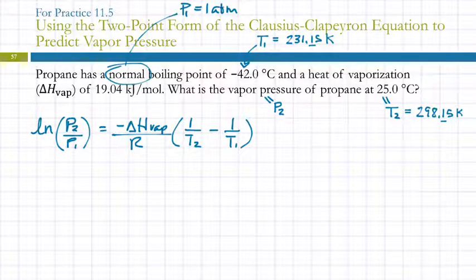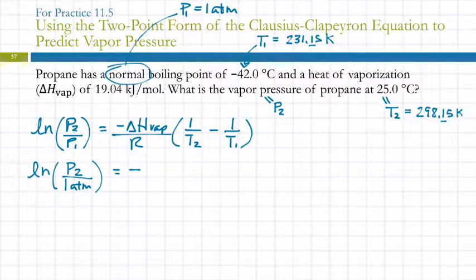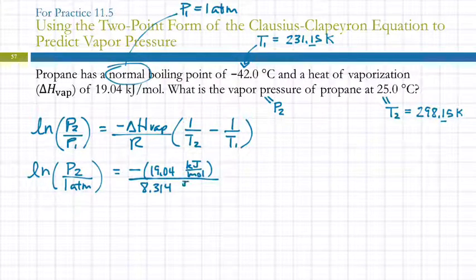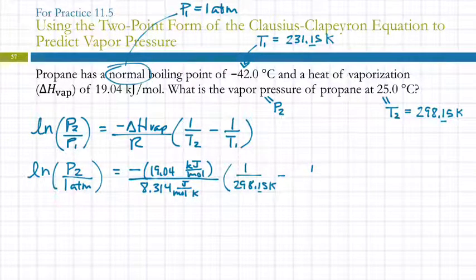Let's see, I undid something. Okay. So the natural log of P2, that's what we're looking for, divided by 1 atmosphere equals negative heat of vaporization, which is given to us, negative 19.04 kilojoules per mole, divided by that gas constant, 8.314 joules per mole Kelvin, times 1 over T2, 1 over 298.15 Kelvin, minus 1 over 231.15 Kelvin.